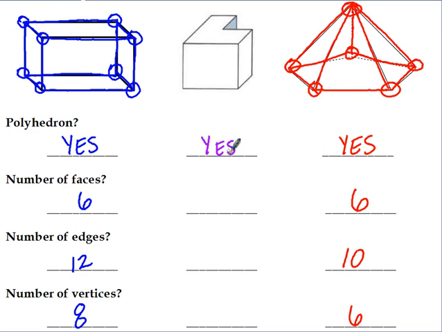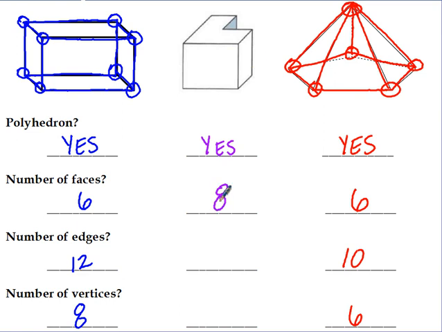Everything is nice and straight. So my faces. I have the left side over here and the right side over there. That's 1, 2. I have the top and the bottom, which would be 3, 4. This front makes 5. I have a top up here that makes 6, and then if you think about this being an L shape, you have 7, 8 in there. So there are going to be 8 faces.